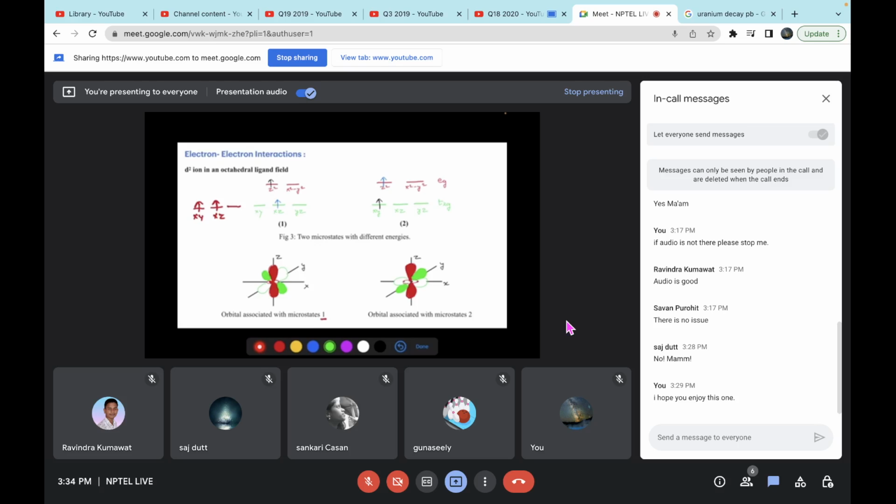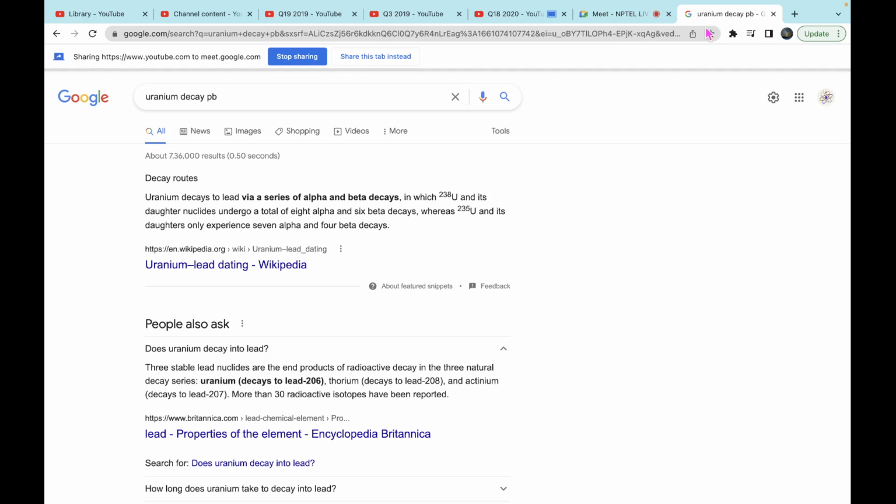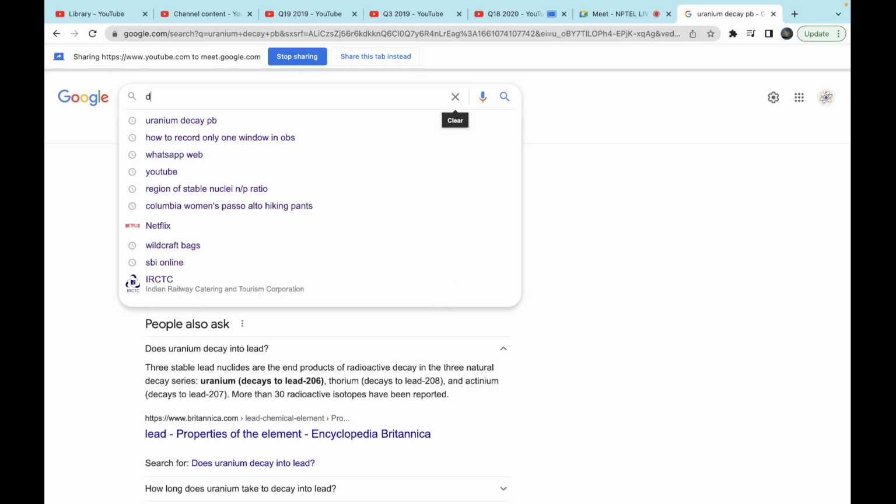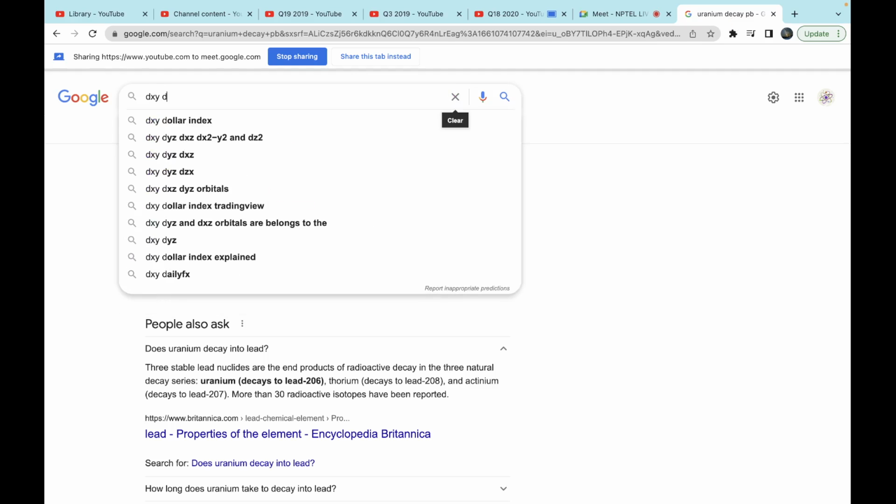So the complex will absorb different wavelengths of light to depict these transitions, and this is actually in contrast to what ligand field theory predicts.